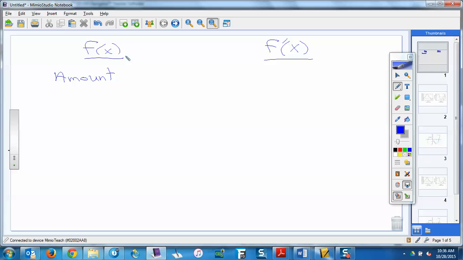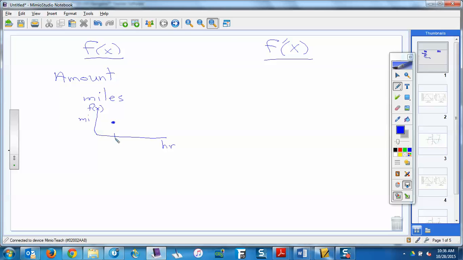So that'll be the example we use. But it could represent a lot of different things. But we're going to do one for our example here that we're going to say it represents miles. So we could have a graph where this would be hours down here, and this would be miles up here.